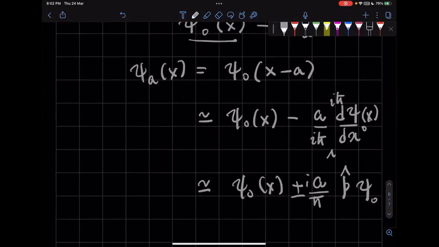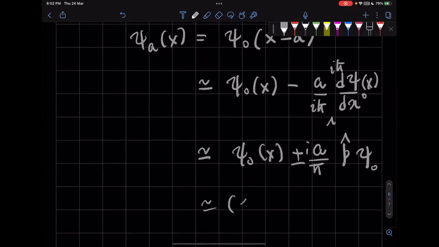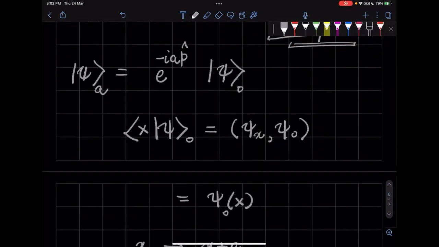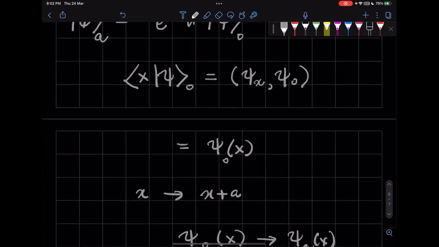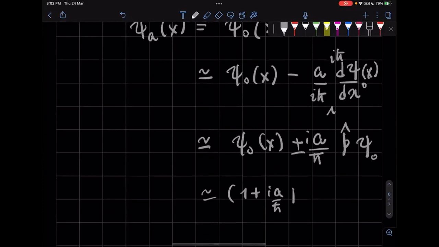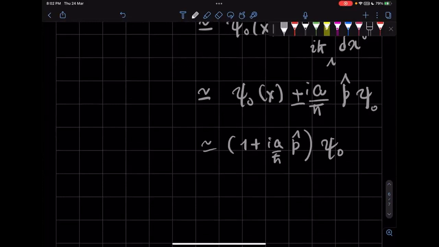So this has the form of 1 plus some parameter i a by h bar, with the momentum operator acting on psi 0. There should be some h bar here that I forgot. So this is the infinitesimal transformation.